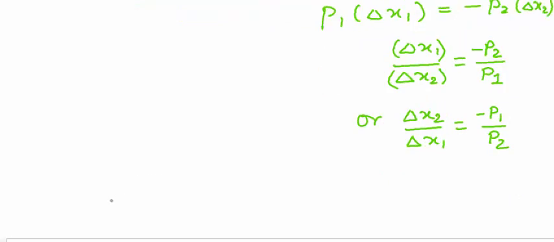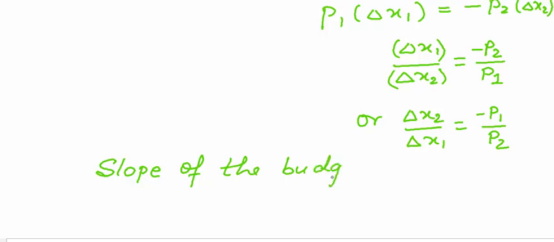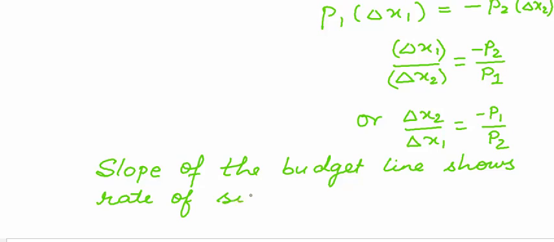So this gives us the slope of the line, and it says that the slope of the budget line shows the rate of substitution of two goods.